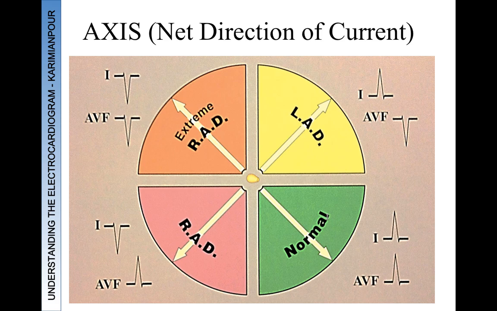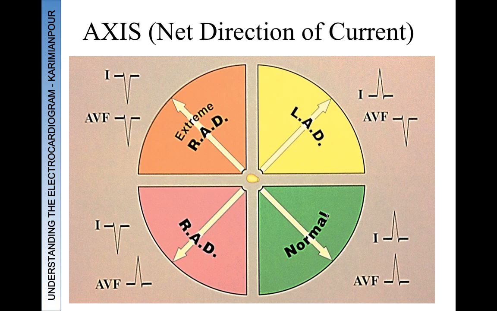So if an electrical current is going down towards the feet, and we have a positive deflection in AVF, then we know it's going down towards the feet. It's confirming that essentially. If AVF shows a negative deflection instead of a positive deflection, then we know that current is not going down towards the feet, and it's going the opposite way. It's going away from the lead, away from AVF, so it's going up.